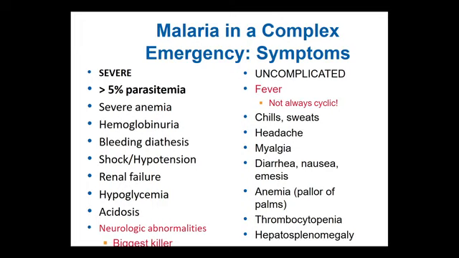Hypoglycemia may be present, acidosis, and a complication such as neurologic abnormalities, which is malarial coma. It's the biggest killer, the most frequent cause of death in malaria. And of course, this malarial coma happens only in tropical malaria.